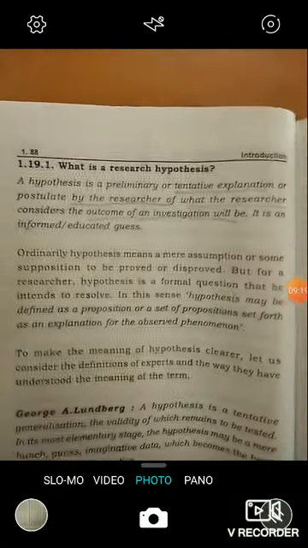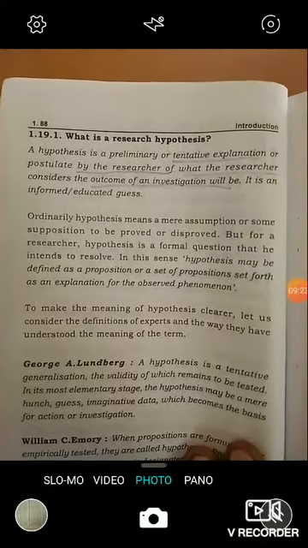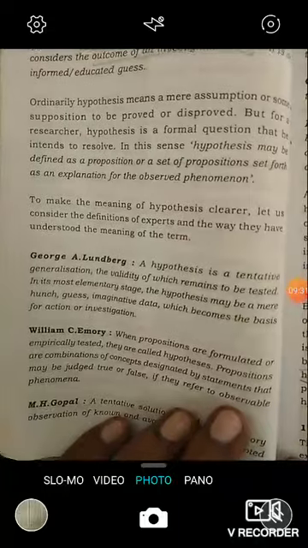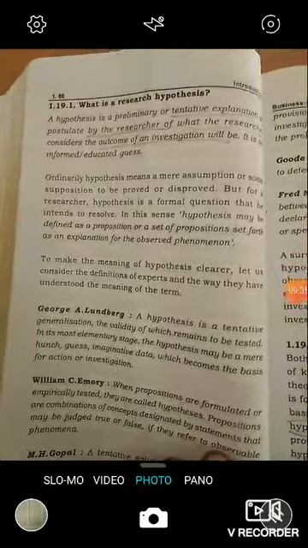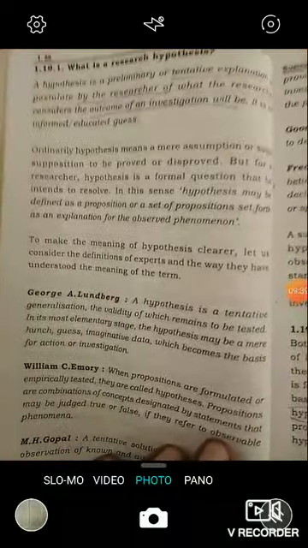The hypotheses are a tentative explanation by the researcher of what the researcher considers the outcome of the investigation will be. So what will be the outcome of the research, you have to find earlier, before conducting the study. After the study is complete, you have to verify whether your assumption is true or false.